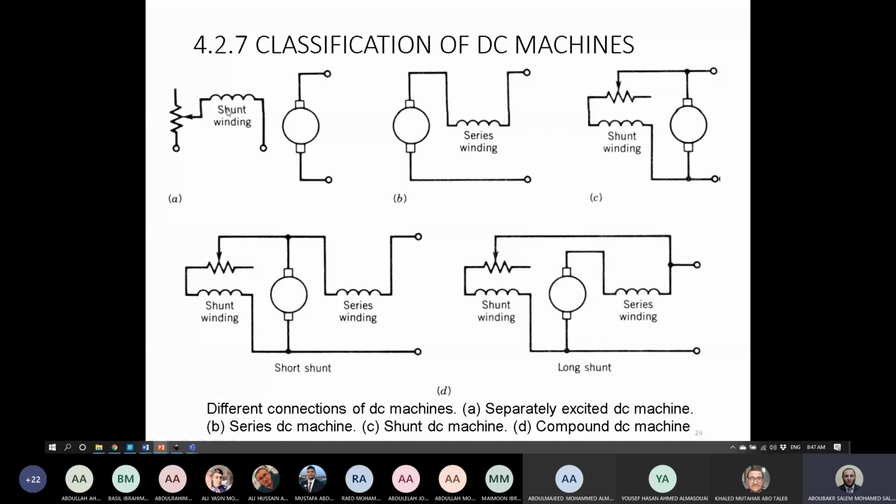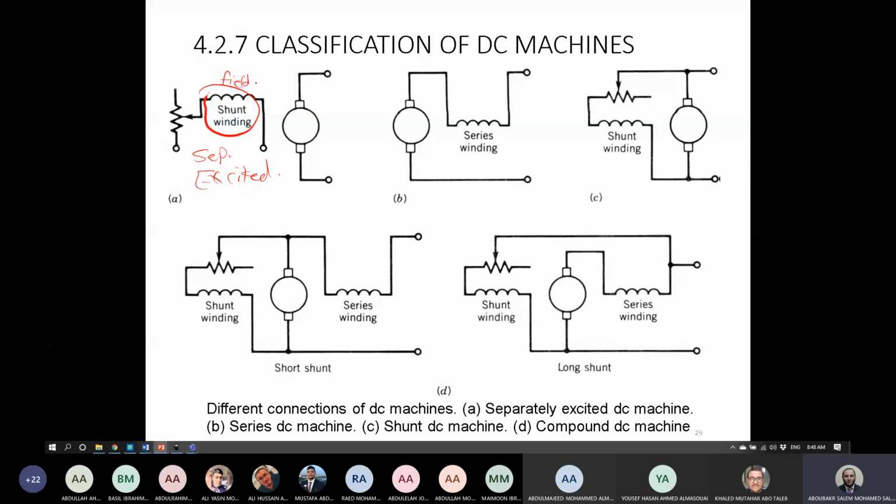Here it's stated shunt winding, shabab, but shunt here is not an accurate word in the textbook. This should be stated as separately excited. This is separately excited. But all the time in the textbook, he refers by the meaning of shunt winding to the field winding.